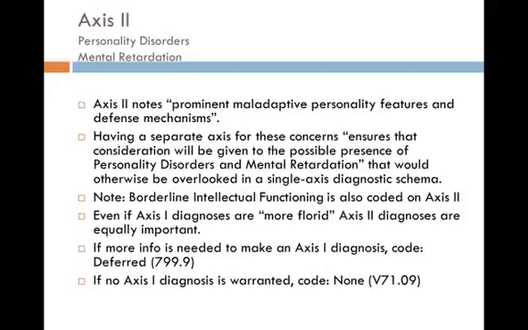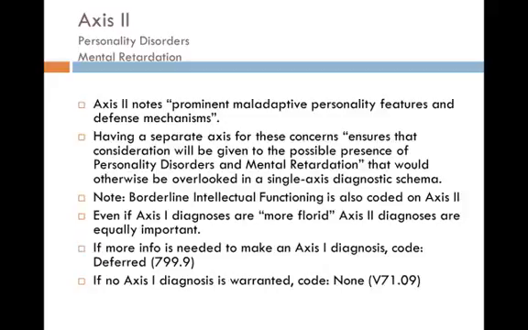Previously, it was determined that without separating maladaptive personality features and mental retardation from clinical diagnosis, oftentimes they would go overlooked because more attention was given to the Axis 1 disorder. Hence, the Axis 2 disorders came about to give further attention to personality disorders as well as mental retardation.